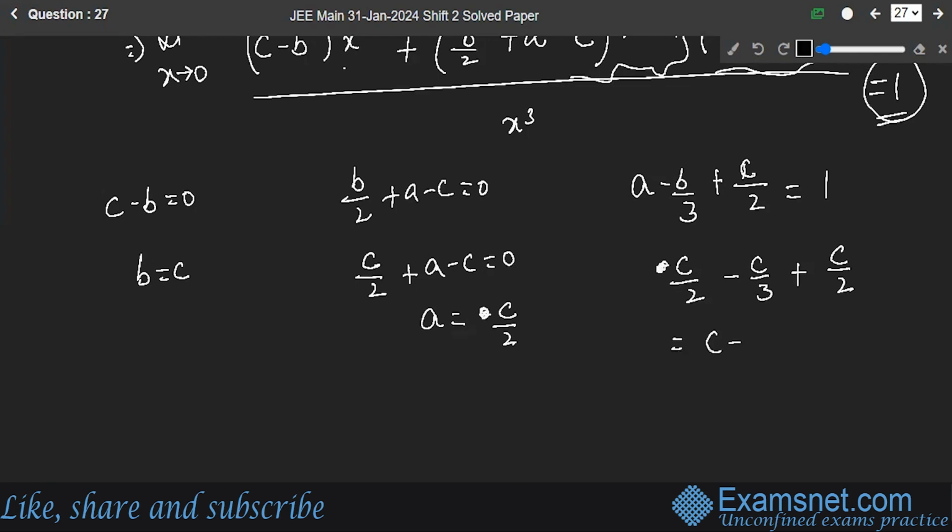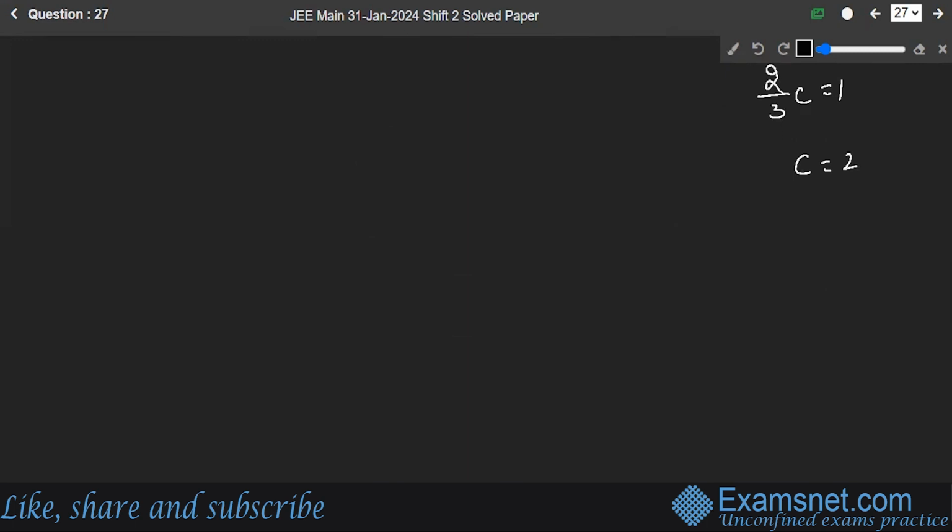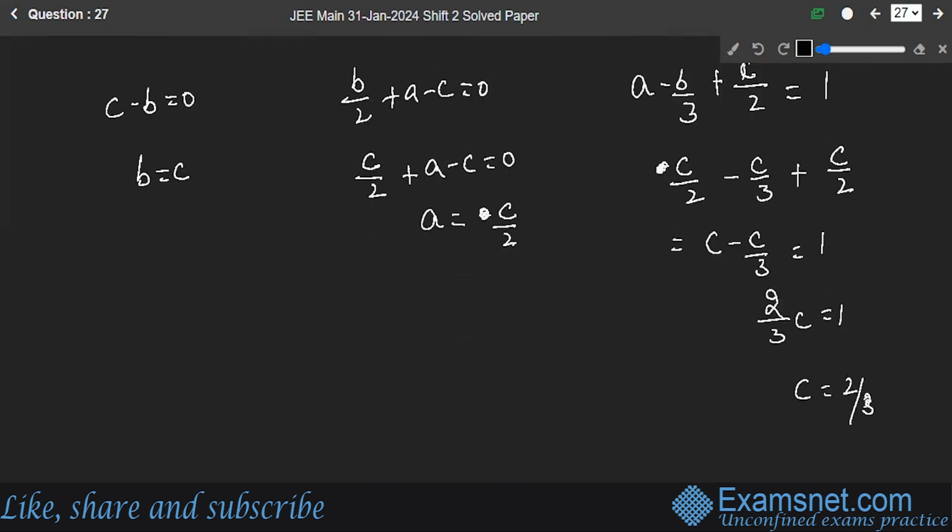Right. So this will be c minus c by 3 is equal to 1. 2 by 3 c is equal to 1, or you will have c is equal to 2 by 3. We just saw over here that b is equal to c. So b is equal to 2 by 3. And we already have the c. So a is equal to minus c by 2. This gives me a is equal to minus 1 by 3.